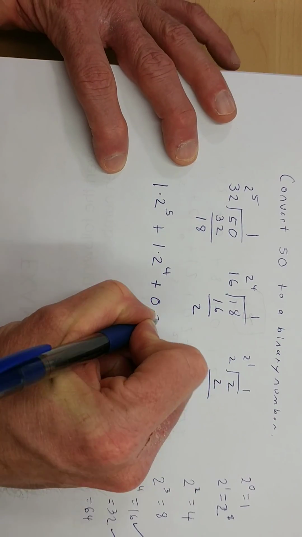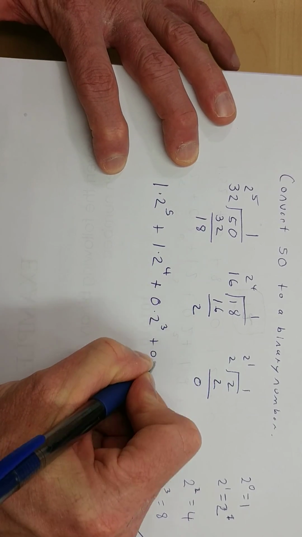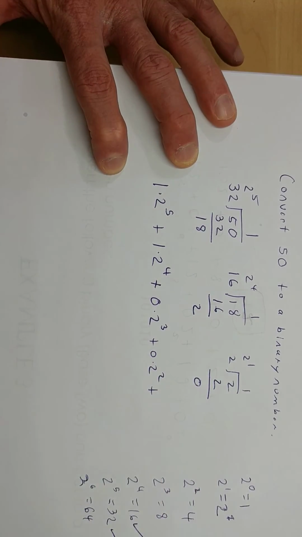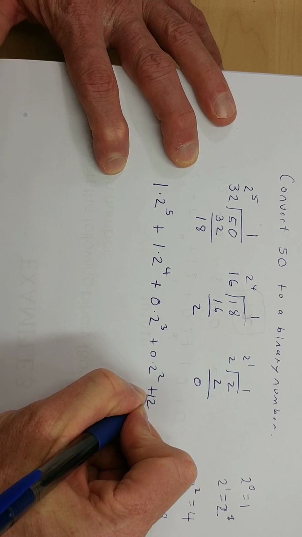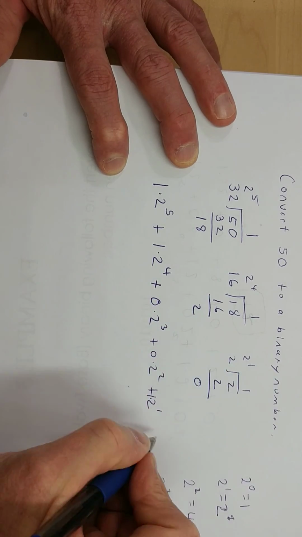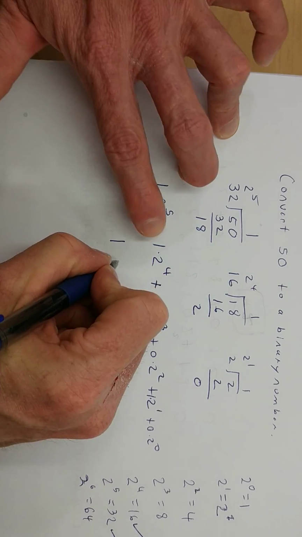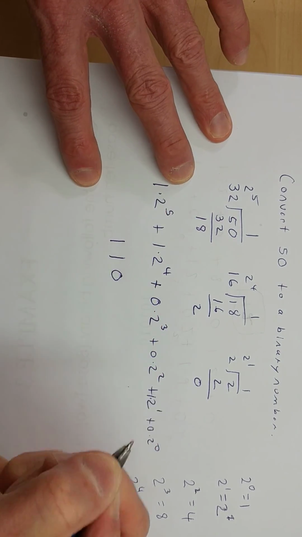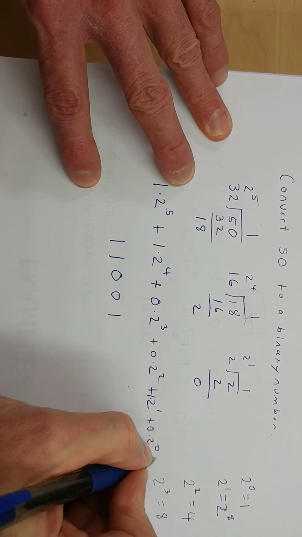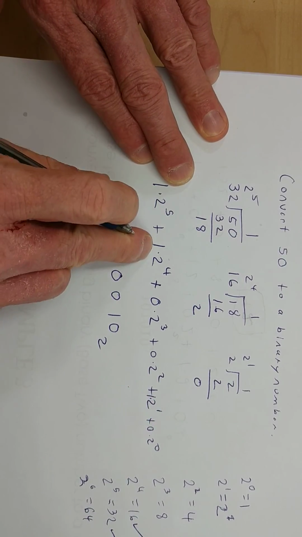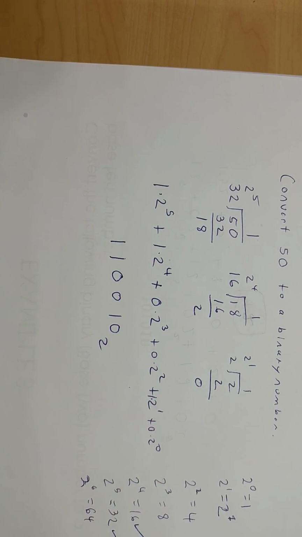We do have to put 2 zeros as placeholders. And 1 times 2 to the 1st, and then 0 times 2 to the 0. So my final answer is 1, 1, 0, 0, 1, 0. Pulling out, extracting out those coefficients that create your binary number.